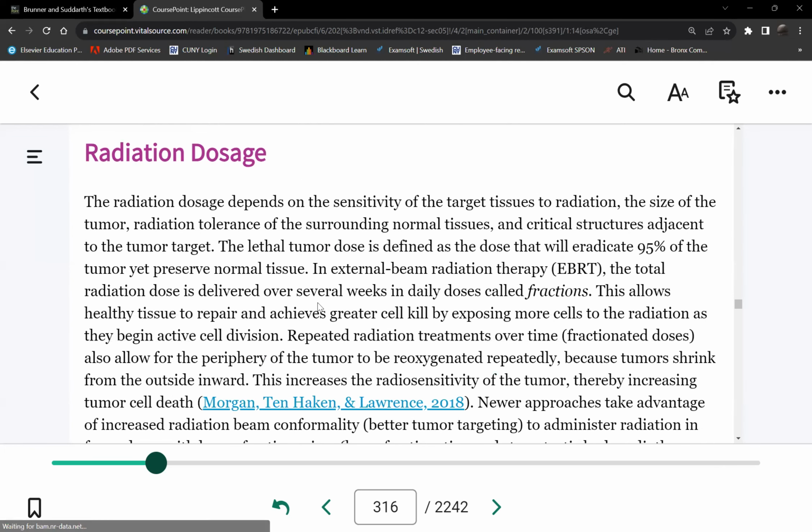Dosage is determined by three things. It is the distance, okay? How far was the patient from the radiation source? Second is time. How long was the patient exposed to the radiation? And then third, was the patient wearing a shield during radiation?